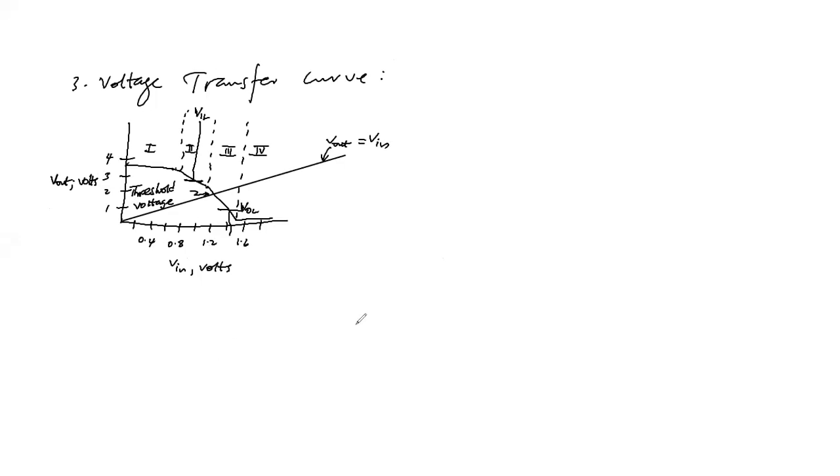So when the input voltage V in is 0 volts, the output voltage is high. V out is about 3.3, as you can see here.